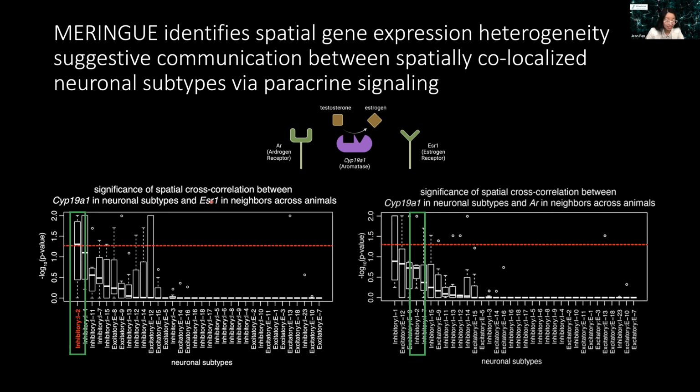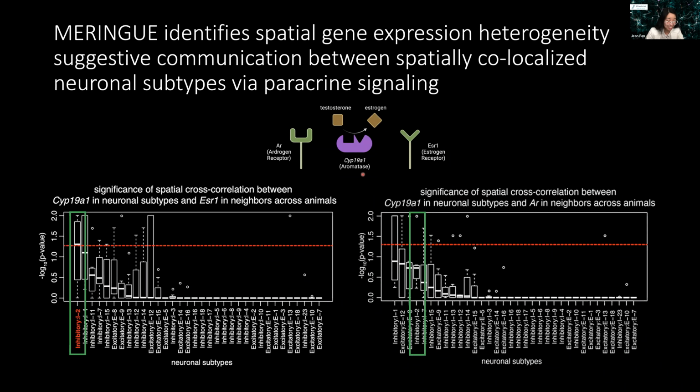And just as a little bit of background, this is really interesting because aromatase is an enzyme that converts testosterone to estrogen, thereby modulating steroid hormone signaling in the preoptic region. And we all know testosterone typically binds androgen receptors, and estrogen binds estrogen receptors.